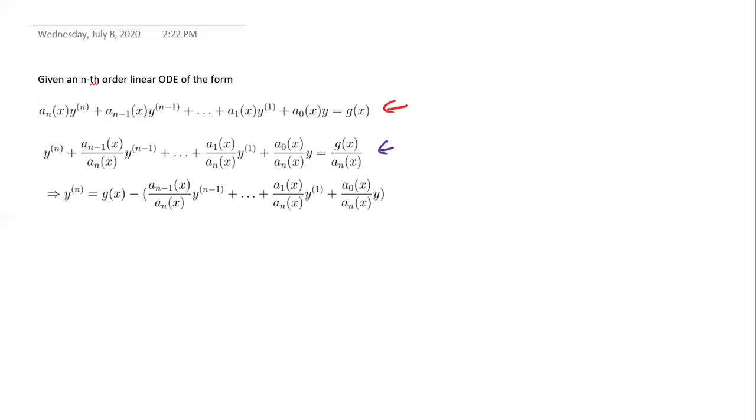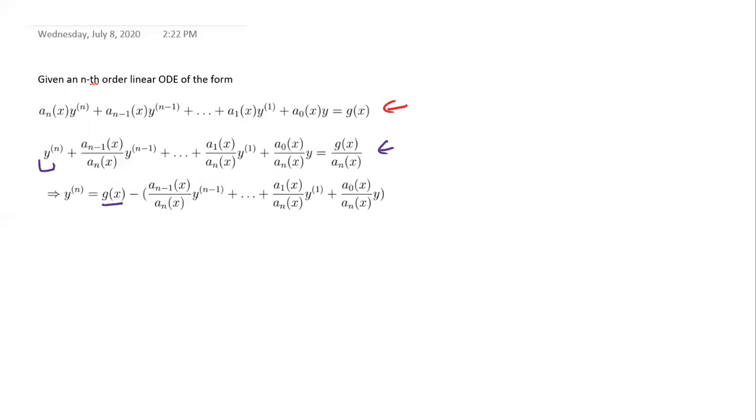What I'm trying to do is solve for the highest order derivative, so I have it by itself on one side of the equality and everything else on the other side. Now I just have to move all of this to the other side, so I'm going to subtract all of that. Oh, and there's a typo here.